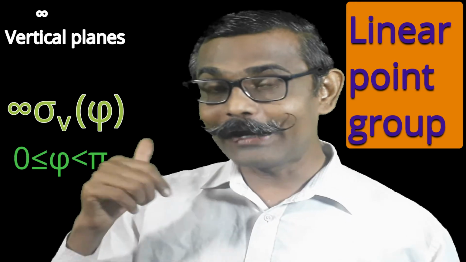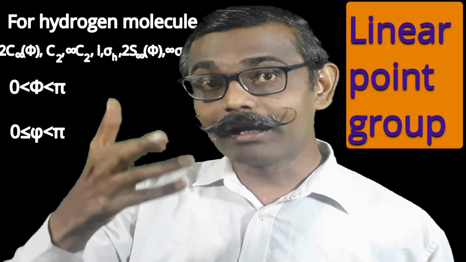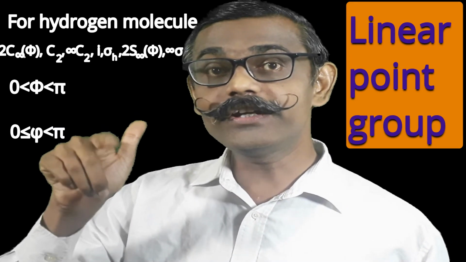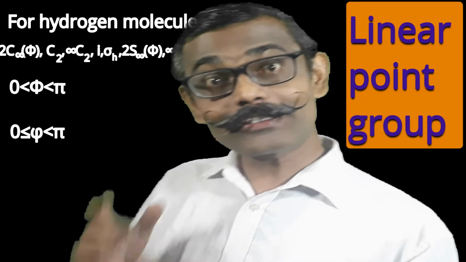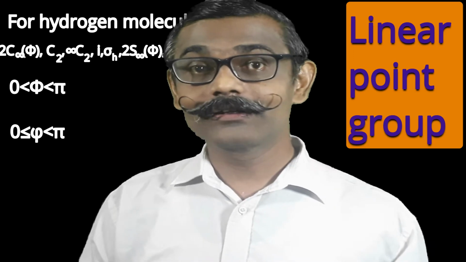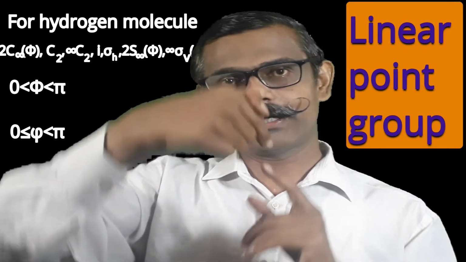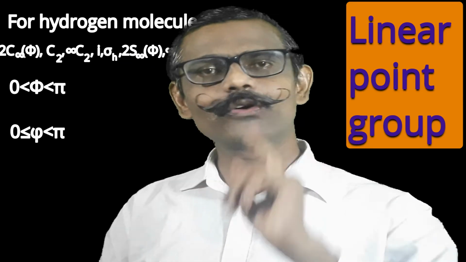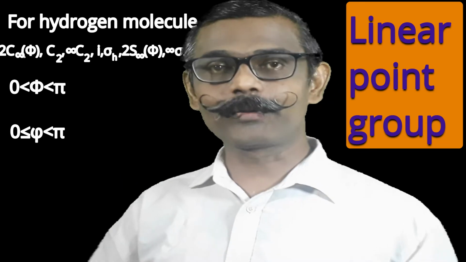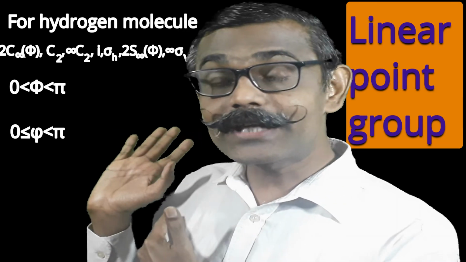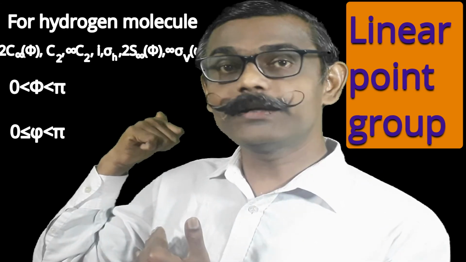So for the hydrogen molecule, what is the representation? E, 2 C infinity phi, meaning double the quantity of C infinity operations with variation by phi, plus C2, plus an infinite number of C2 operations. Those axes are perpendicular and infinite, and on each axis there is only one operation, plus center of inversion, plus horizontal plane, plus S infinity, the improper axis of rotation, as there are proper axes of rotation, likewise improper axes of rotation.